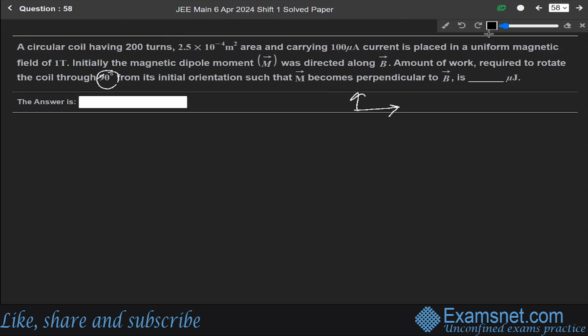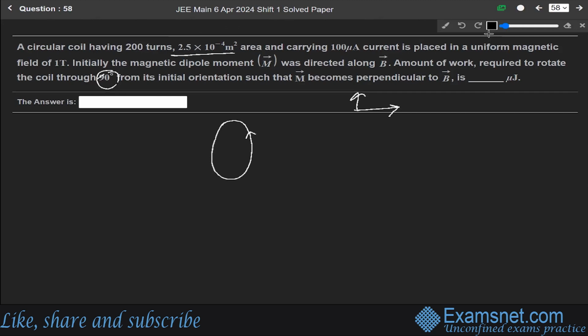So in this question, let us say this is a circular coil and it has 200 turns, and the area is this, carrying current I equals 100 microampere. It is placed in a uniform magnetic field of 1 Tesla.